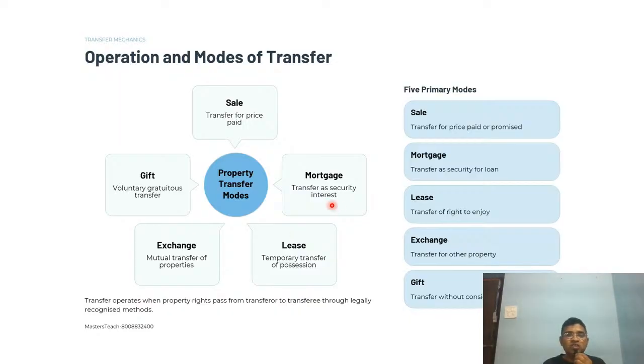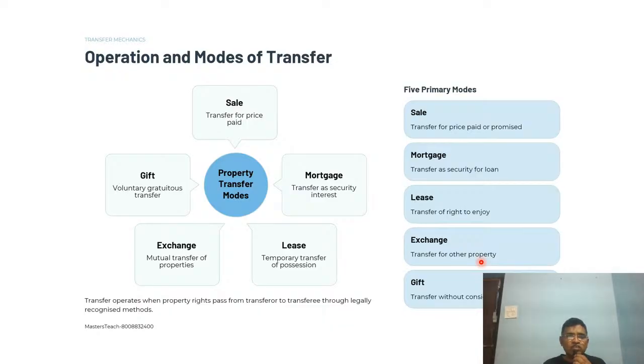So these are the property transfer modes. There are five modes of transfer: sale, mortgage, lease, exchange, gift. Okay, these are the ways one can transfer.